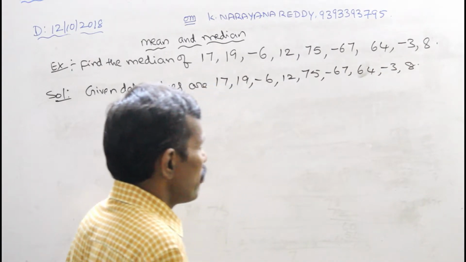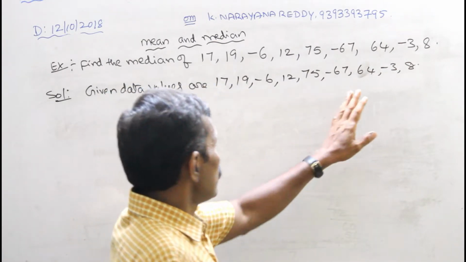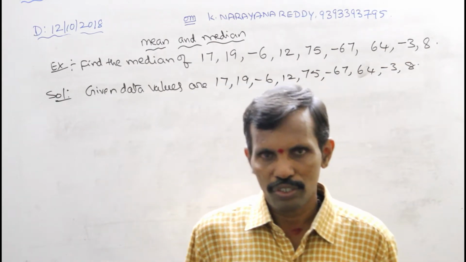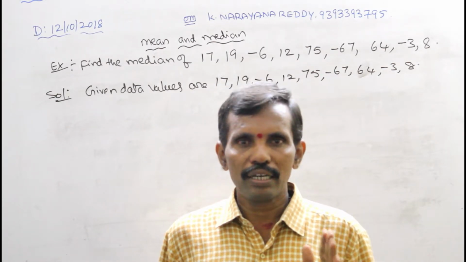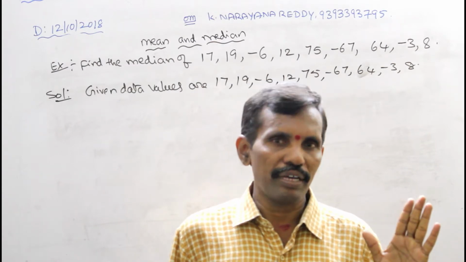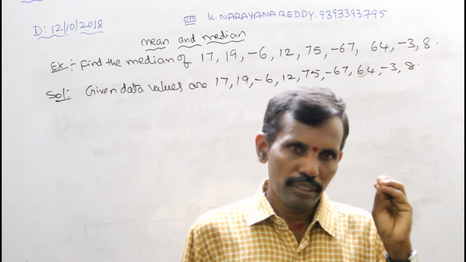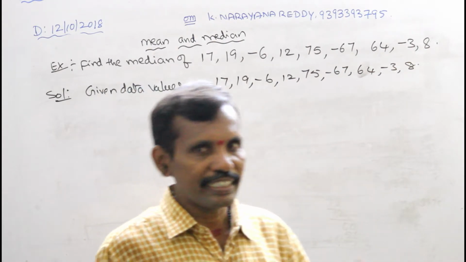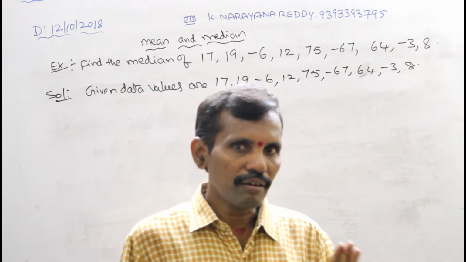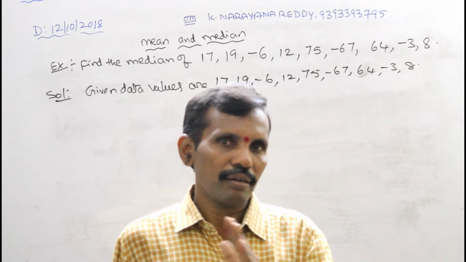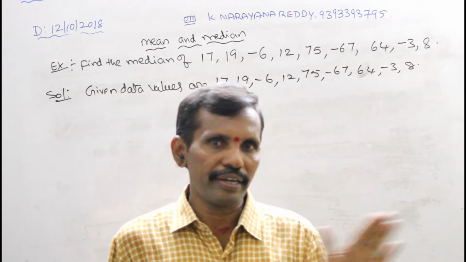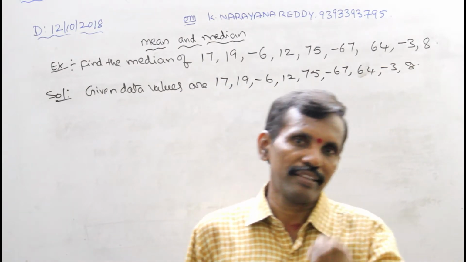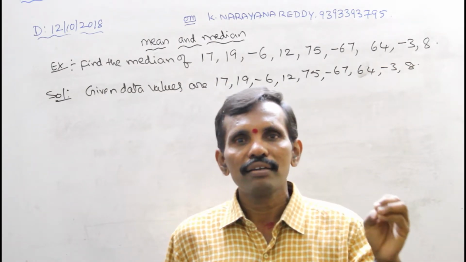But one difference is there: 3 and 8 are digits and 6 is a digit. Leave it, don't worry about that. Digit or number, that is a different matter. We want to know how many items are there, odd or even.